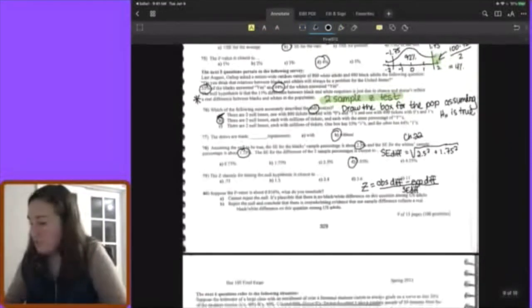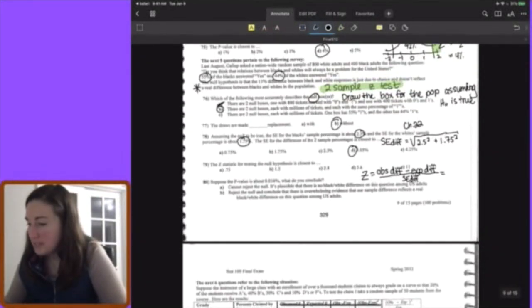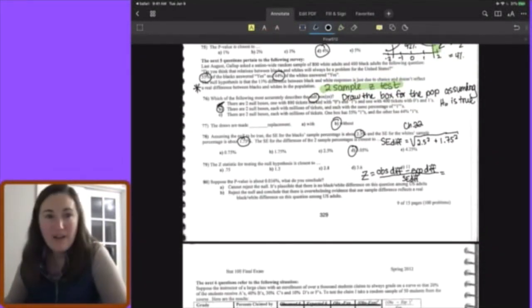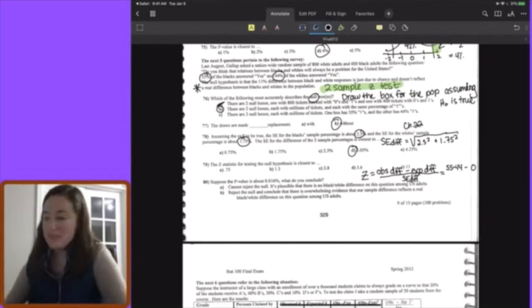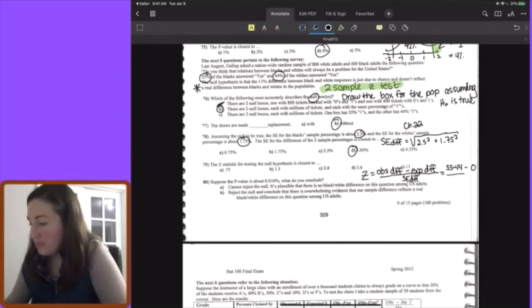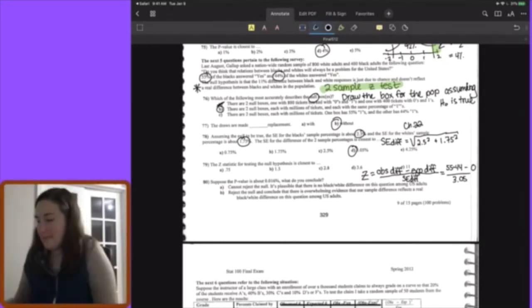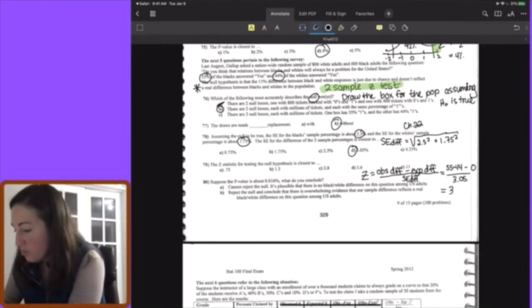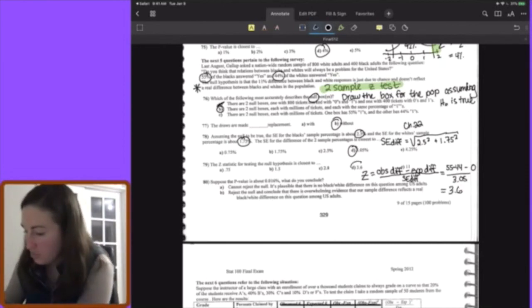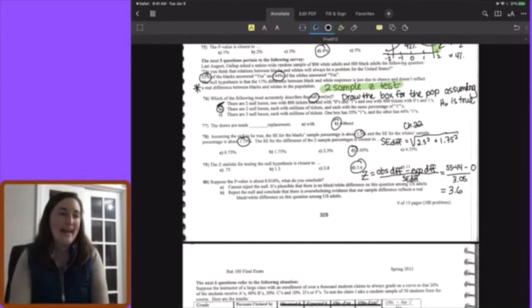My observed difference in this case was 55 and 44, so 55 minus 44. My expected difference is always 0 under the null hypothesis, and then my standard error for the difference was 3.05. And this gives me 3.6 as my z-score, so D again.